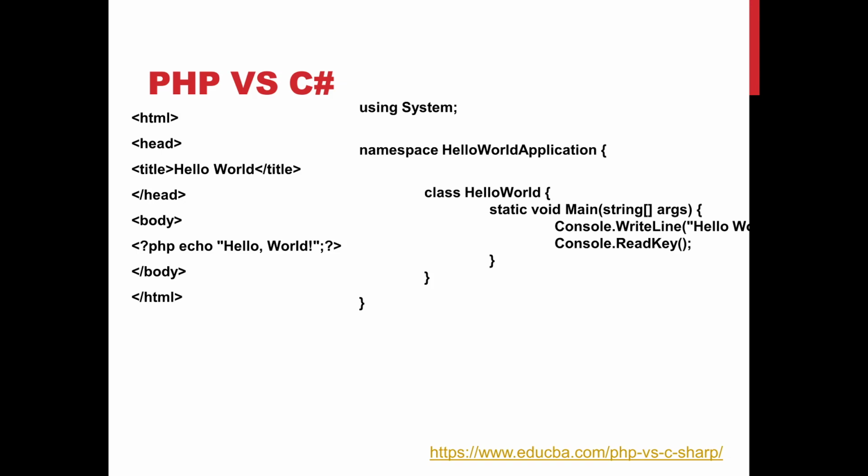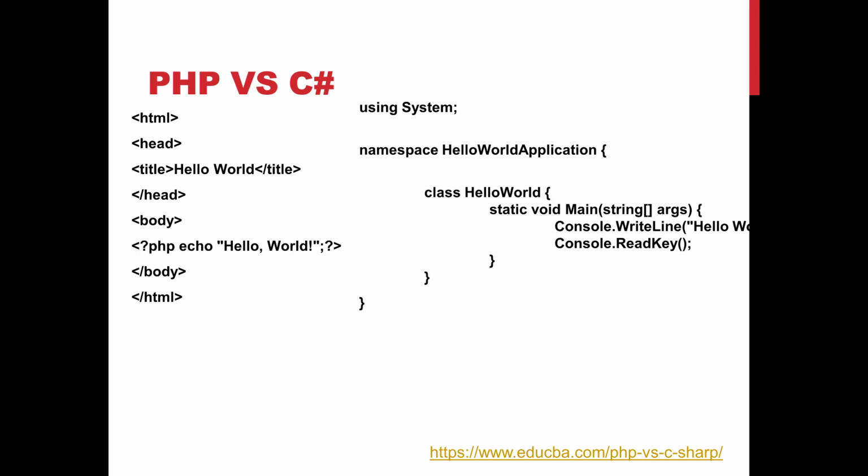I like to highlight this because there's just more code. They're both doing the same thing, printing hello world on the screen, but you can see how much more code has to be written. Most of the lines in the PHP program over here are just the HTML part.